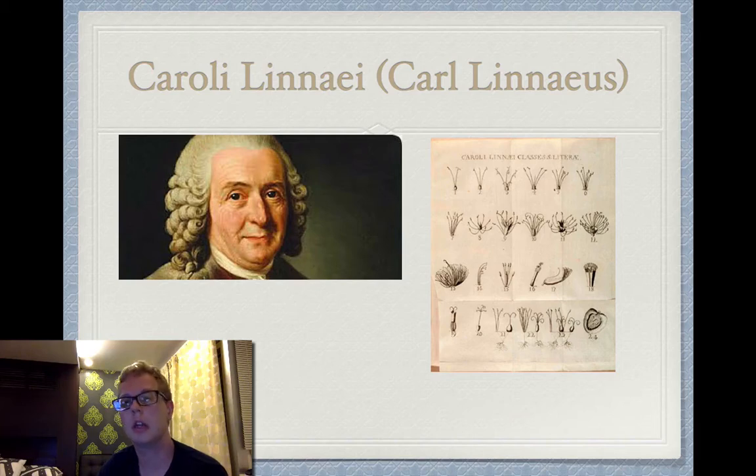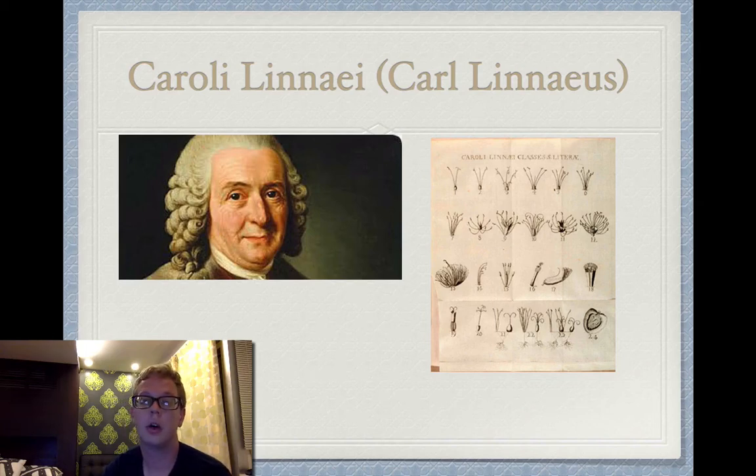So he gave them a genus and a species name. Linnaeus was doing this in 1735, where he was classifying both plants and animals. In our modern classification system now, we have three domains to help organize things, and those are the bacteria, archaea, and eukaryotes.